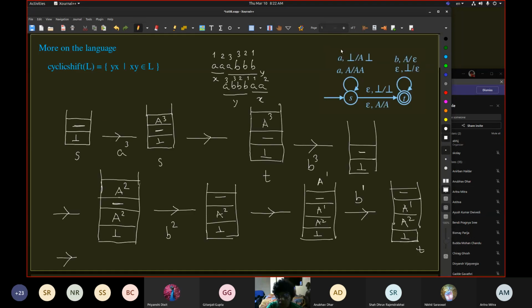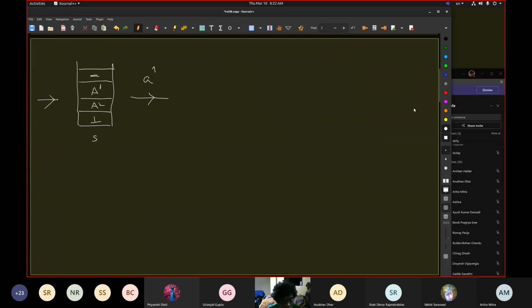In this machine, for every A, it can either push an A. But this machine behaves a little differently because it has made an assumption that that capital A is already there. So it is now in the validation phase. So in the validation phase, it may proceed like this, but in our example, it will not do so.